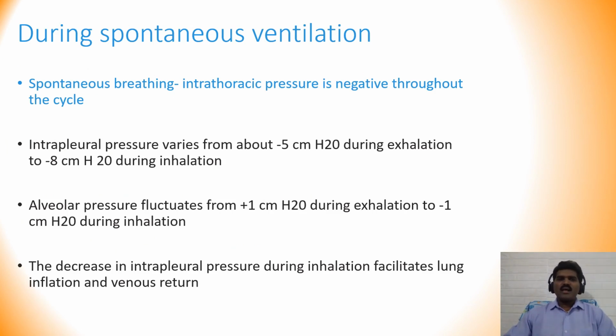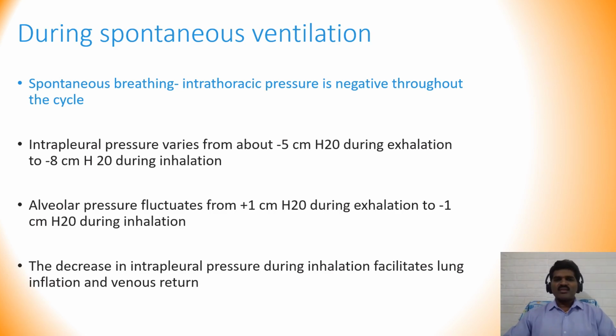When a patient is on spontaneous ventilation, breathing normally in room air, the intrathoracic pressure is negative throughout the cycle. It won't cross the atmospheric pressure at any point in the respiratory cycle. Intrapleural pressure usually varies between -5 centimeters of water during exhalation, which is the least pressure, to -8 centimeters of water during inhalation, leading to expansion of the lungs and inflow of gas into the lungs.